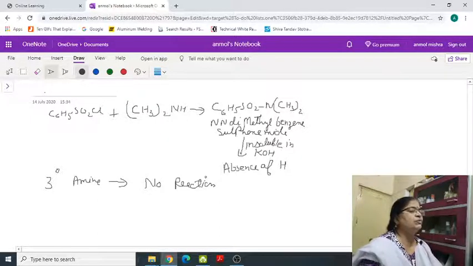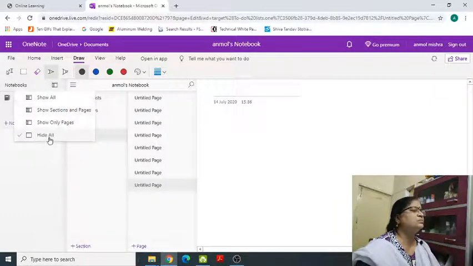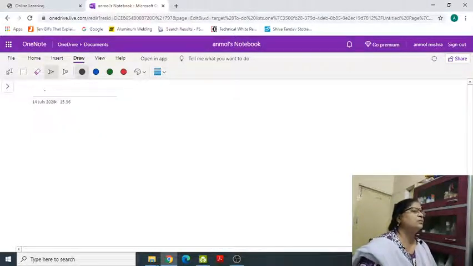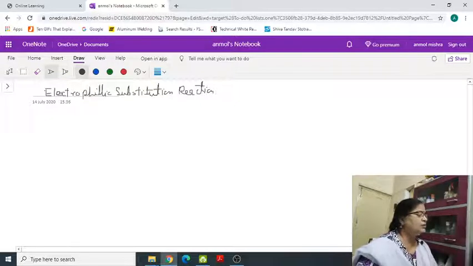Next is electrophilic substitution reaction. Under electrophilic substitution reaction, first we'll study bromination.